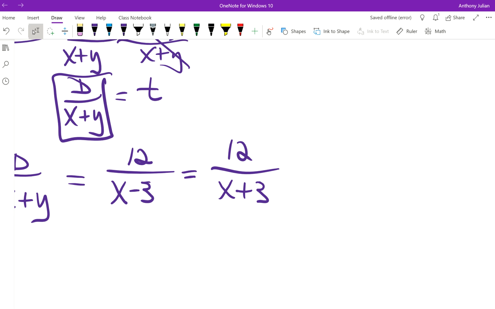I have an equal sign there, but because of this problem being the total time it takes there and back, I want to get this out of there and change it to a plus sign. I want going upstream plus going downstream to equal 3 hours. And this is my problem now.